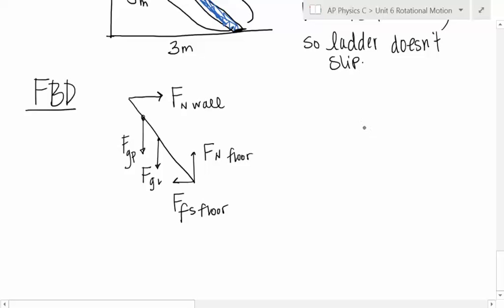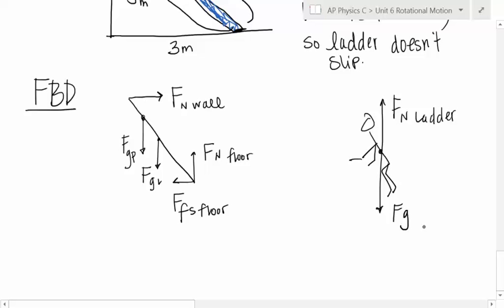So truly, it's a normal force from the person onto the ladder, but if the person is not moving, and the person is this climbing dude of science over here, there is a force normal from the ladder, and then there's a gravitational force on the person. And so truly, you're right.